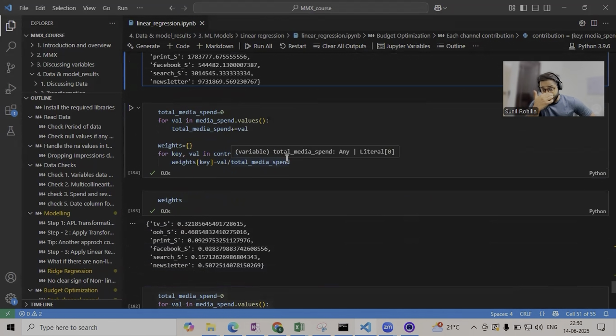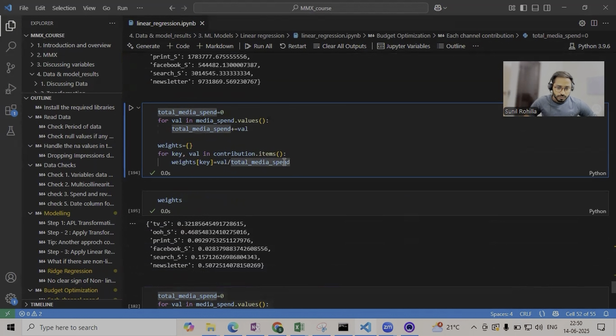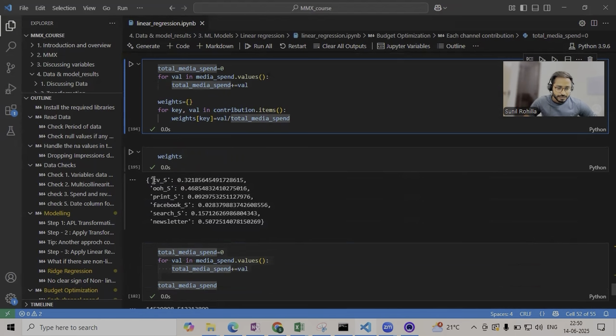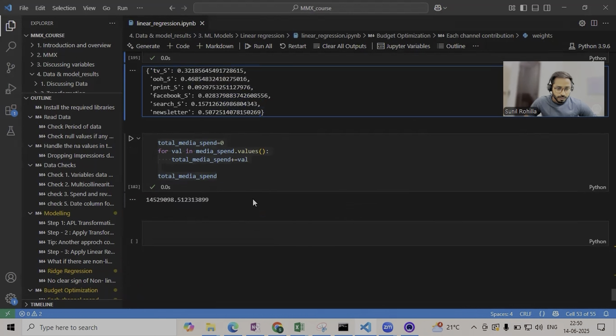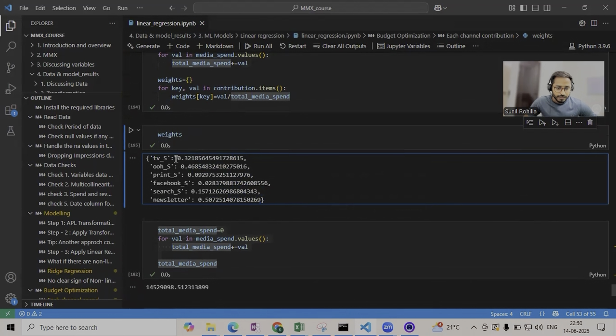Now, I'll scale down this contribution number on the total spend that I have done, right? This is the number that I'm getting from here, right? So how can you interpret these numbers?